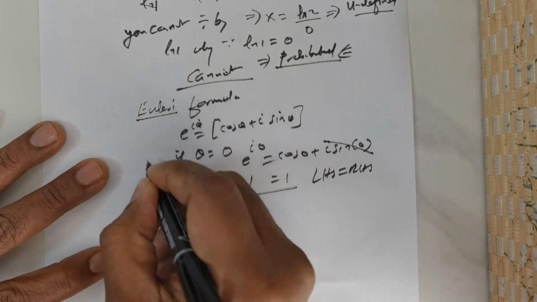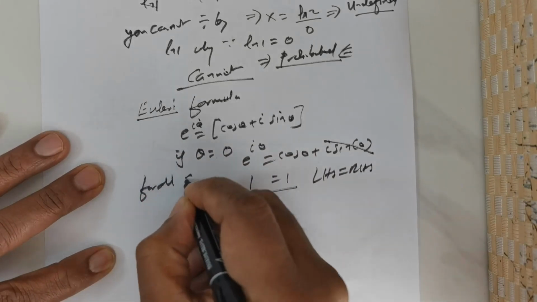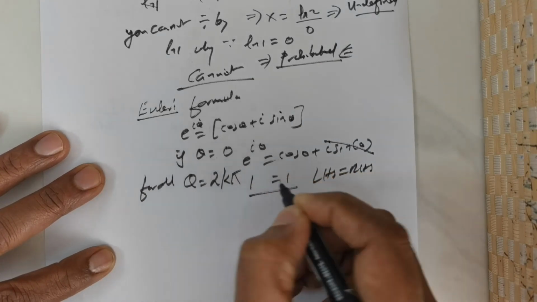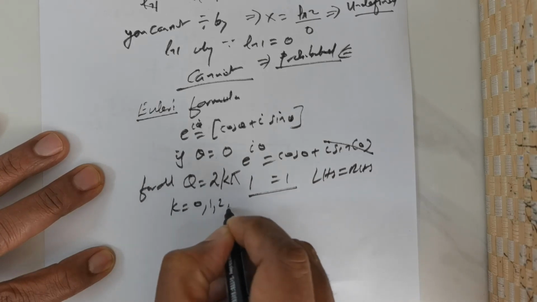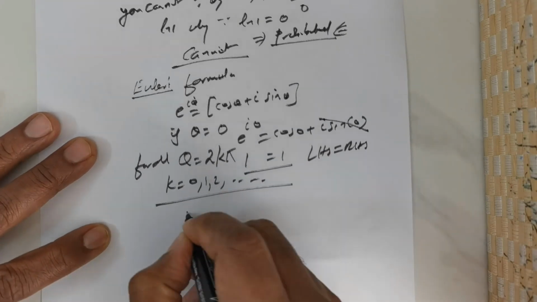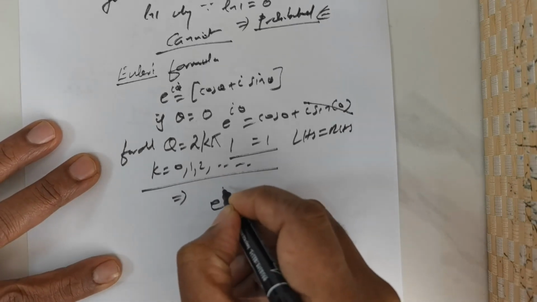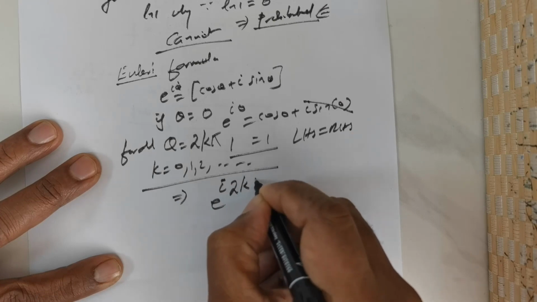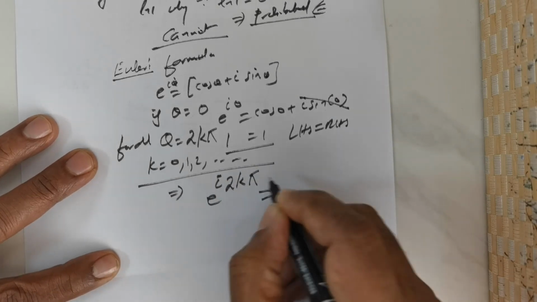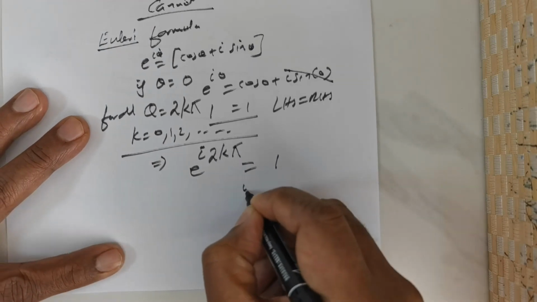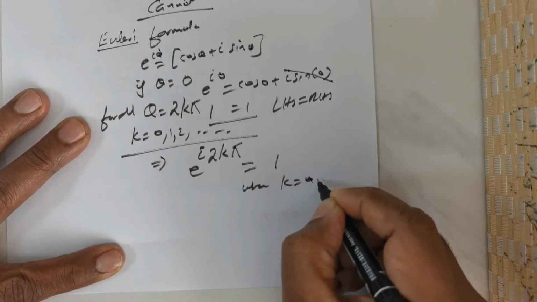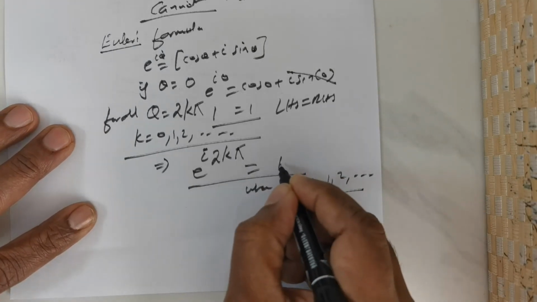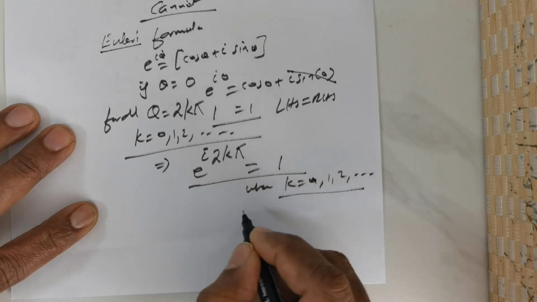Now this pattern will repeat for all theta of the form 2 times k times pi, where k takes the value 0, 1, 2, and so on. So that would mean if I were to take e raised to the power of i times 2 times k times pi, that would produce a value 1 whenever k takes the value 0, 1, 2, etc. So now I have a new relationship that connects 1 with an exponential value.